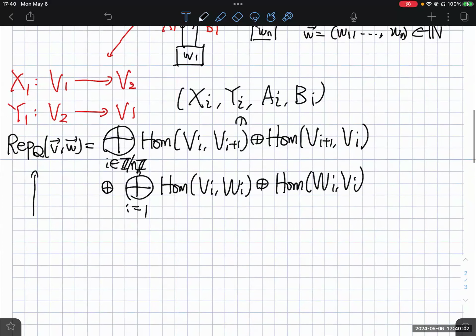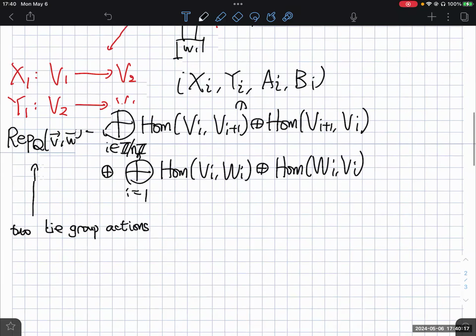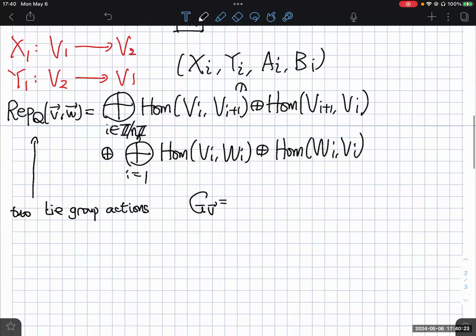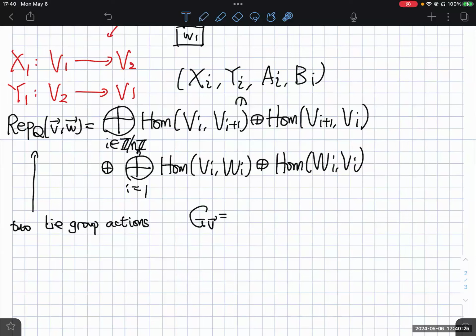On this space there are two Lie group actions. Actually there are three, but I'll first introduce the first two. The first is given by the automorphisms of each of the gauge vector spaces Vi, which is written in the following way.